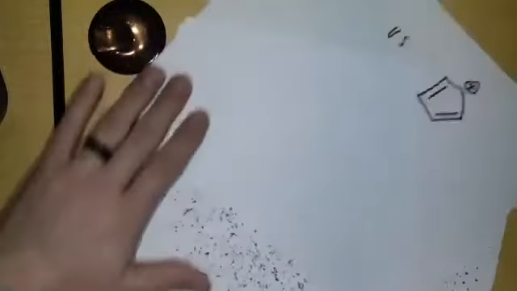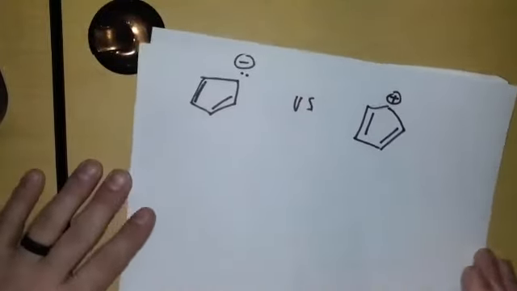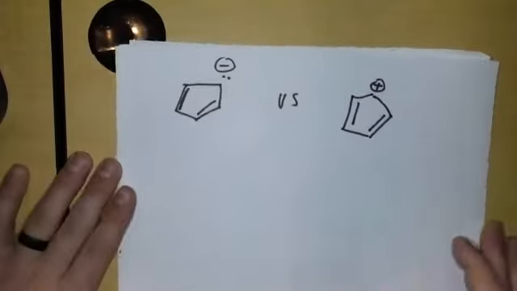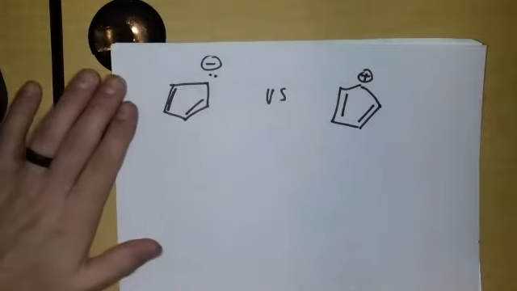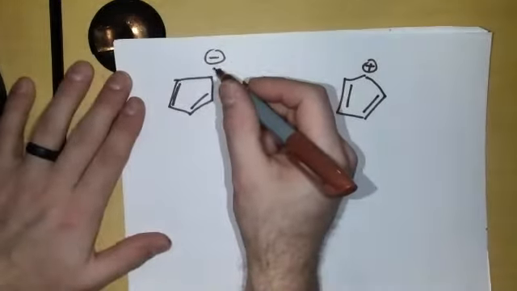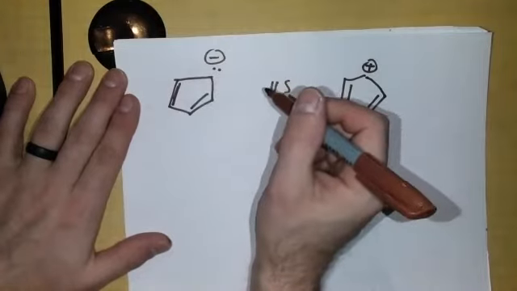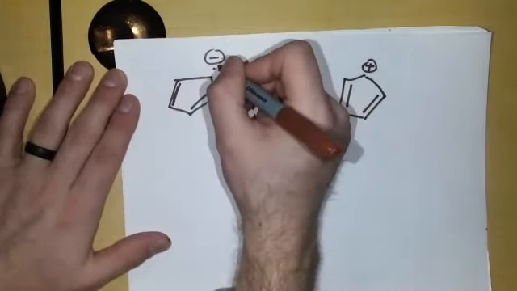A lone pair of electrons, especially when it's just on carbon here, we'll talk a little bit differently when we talk about heteroatoms, like oxygens or nitrogens, they're going to follow slightly different rules. But for a carbon here, these are going to be delocalized. You're able to do resonance with these.